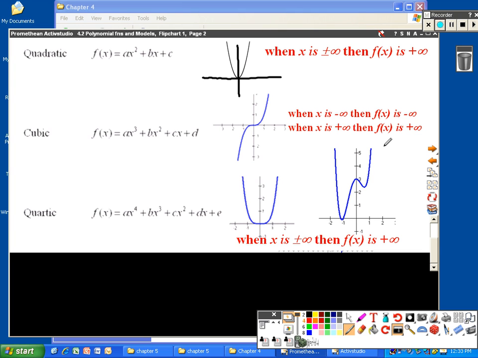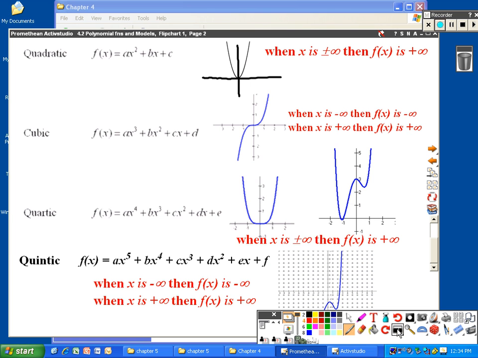And the end behavior again, as x is negative, my y's are positive. As x is positive, my y's still remain positive. Likewise on the W, as x is negative, it gets bigger, and as x gets positive, it also increases on the y's. So it's still the same end behavior on both sides of the graph.